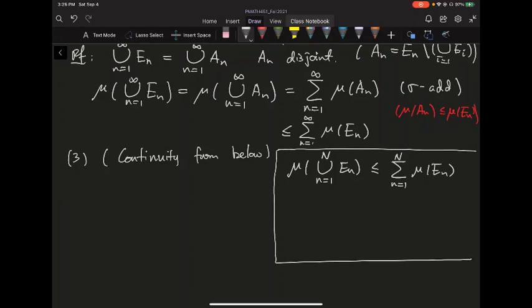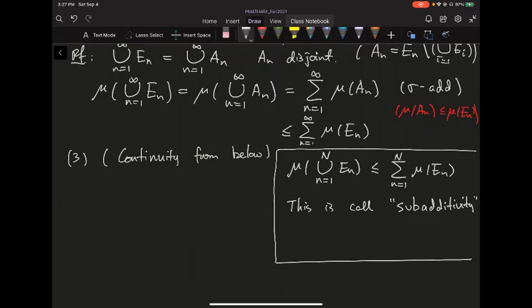So you can show all measures will also satisfy this. Well, this is called the subadditivity property. All right, so this is the subadditivity. When we say sigma subadditivity, we usually mean there has to be an infinite union. All right, so this is a slight difference from the course note.